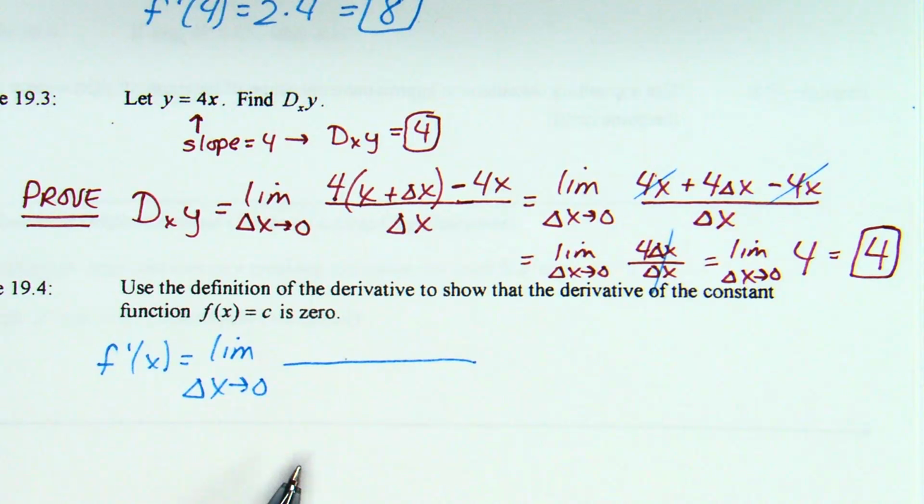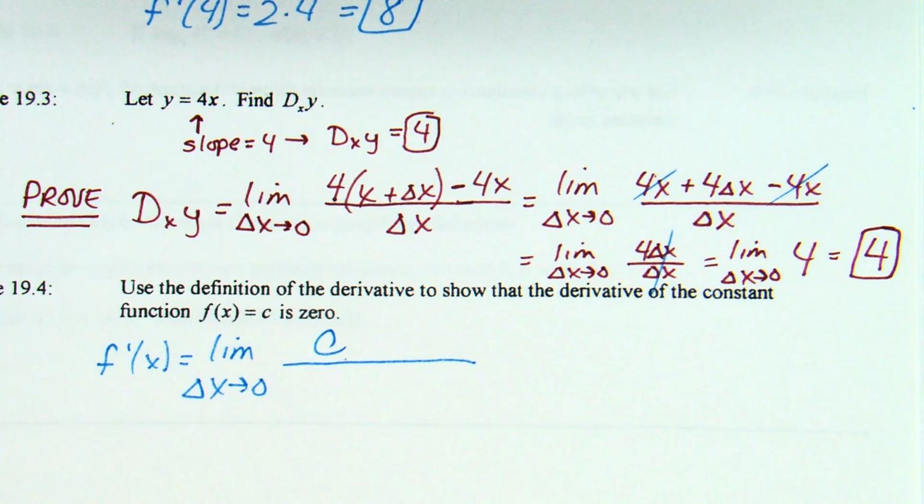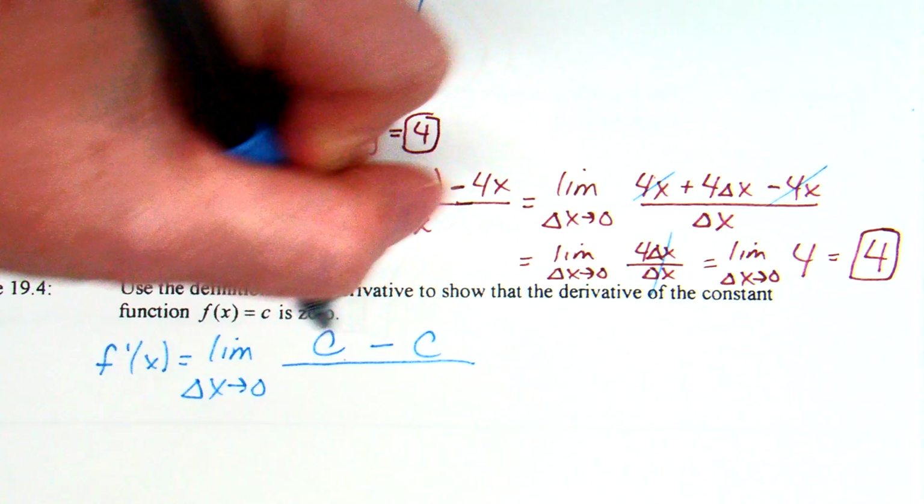Every place I see x, I'm replacing it with x plus delta x. What did I have? C. C represents a number. Do I have any x? No. So f of x plus delta x is c. Minus f of x. What's f of x? C. Divided by delta x.